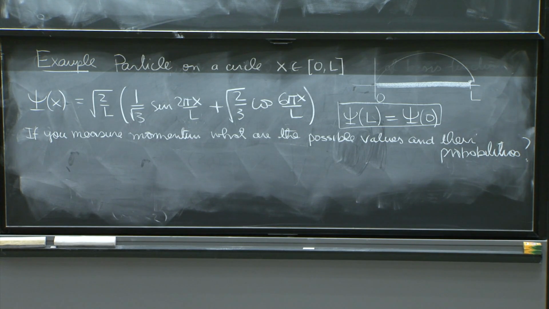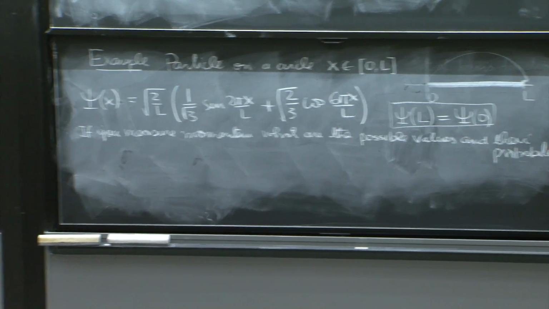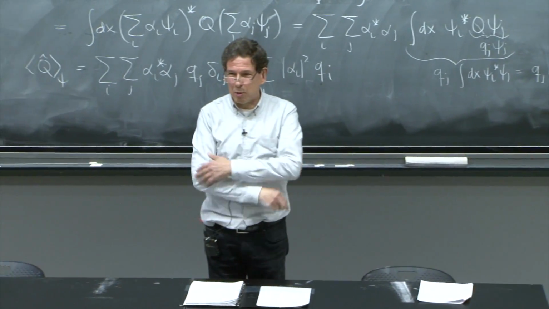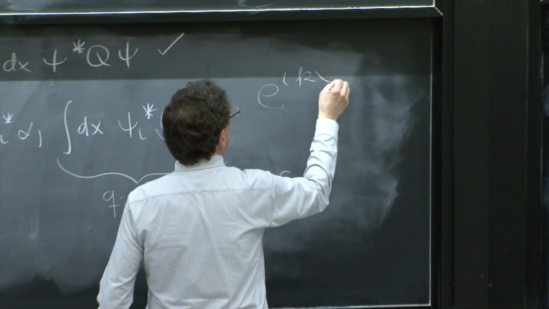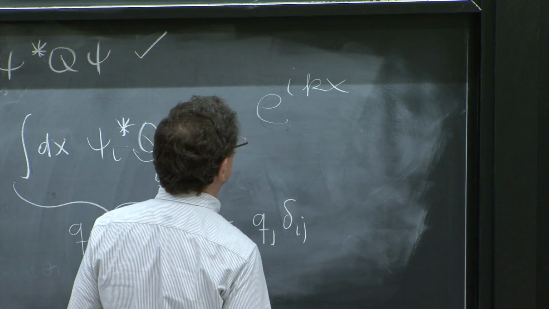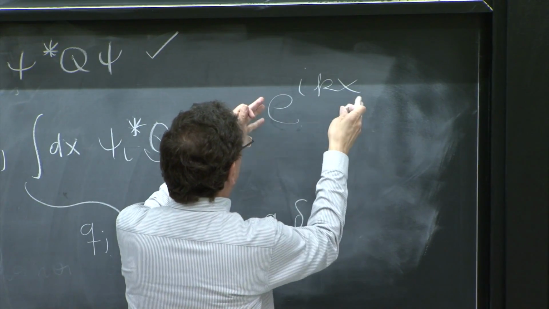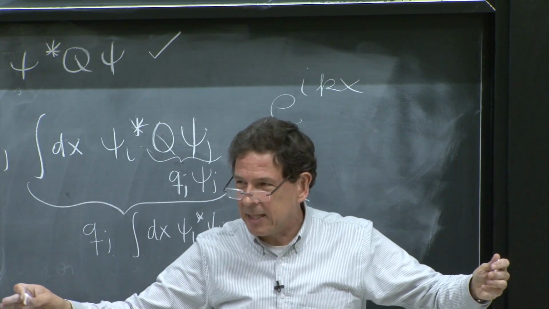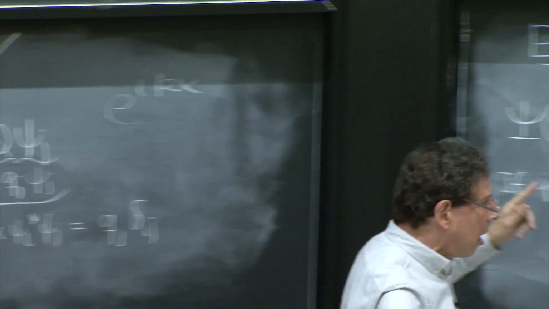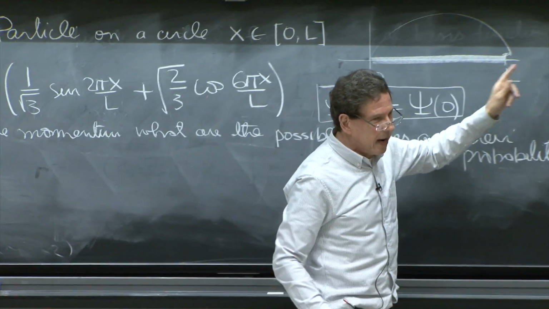Okay, it looks a little non-trivial, and it is a little non-trivial. Momentum, so I must sort of find the momentum eigenstates. Now, momentum eigenstates are those infinite plane waves, e to the ikx, that we could never normalize, because if you square it, it's 1, and the integral over all space is infinite. So are we heading for disaster here? No, because it lives in a finite space.